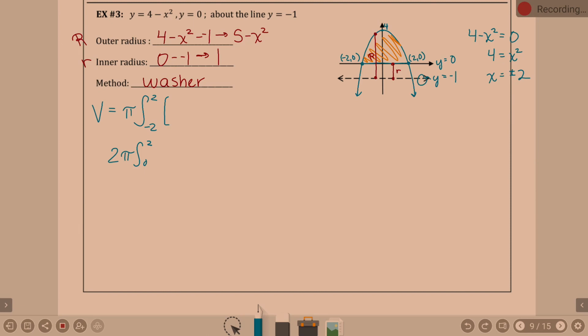Big R squared minus little r squared, so 5 minus x squared, squared, minus 1 squared, dx. So we changed it to symmetric. Again, you don't have to, but it makes the math easier when you're doing it by hand.